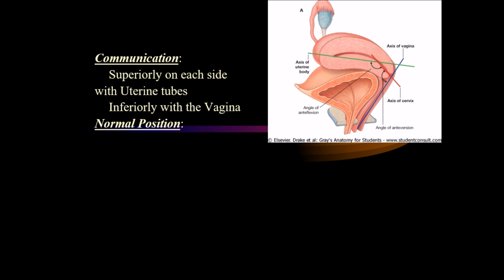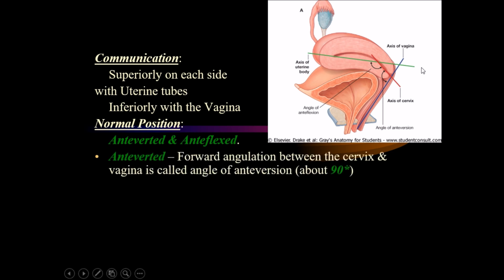Coming to the normal position, the uterus has a very typical position, and that position is very important. It is anteverted as well as anteflexed. The angle between the vagina and the cervix is almost 90 degrees, and this is called the angle of anteversion.